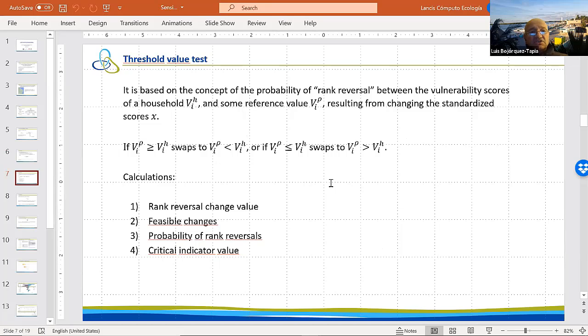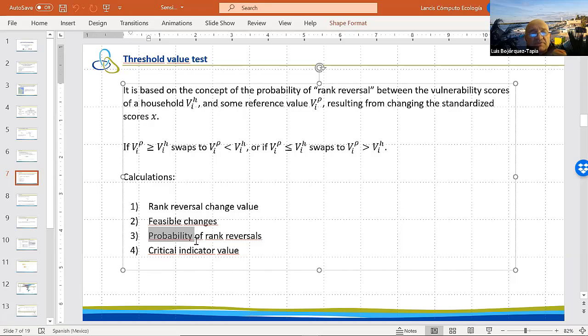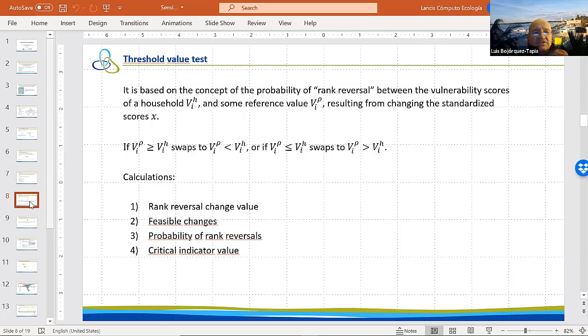And the second one, well, I do have this concept of rank reversal that is obtained over here. The important thing is that we had to check for the probability of the rank reversal. It was very important. These are the criteria for the swaps.